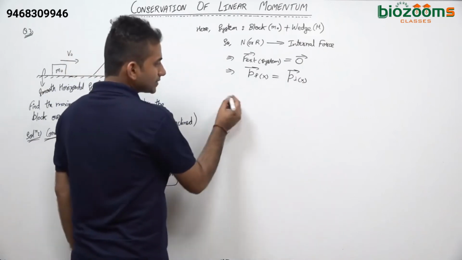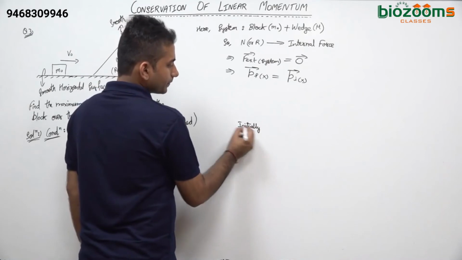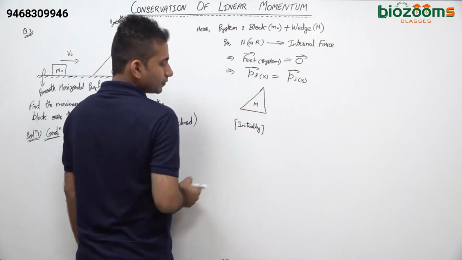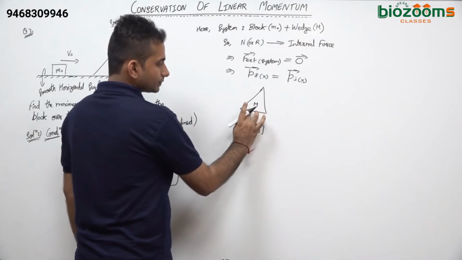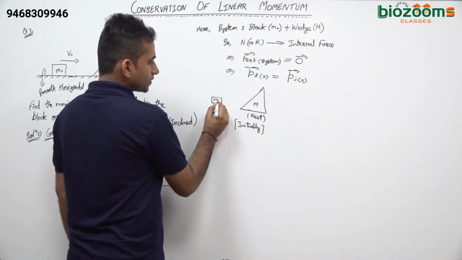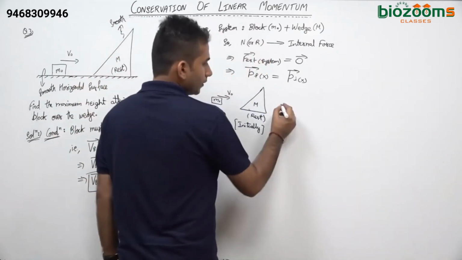Now let us try to analyze the situation. What is happening over here? Initially, the wedge, capital M, was at rest, and the block M0 is moving with a velocity V0, right? That is mentioned in the problem.